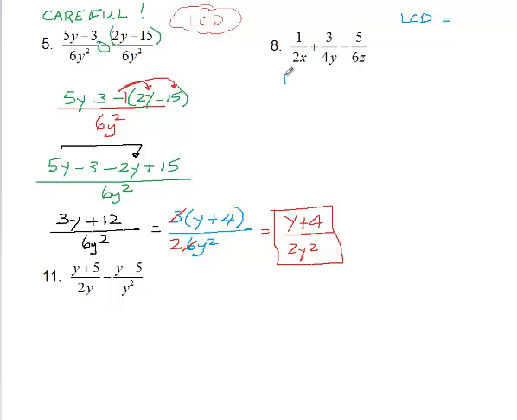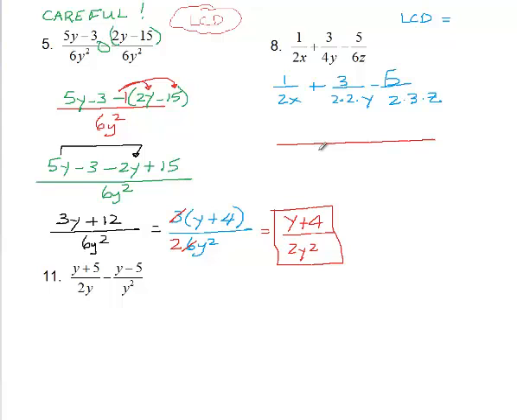So for example, if I looked at it and I factored each one, if you looked at it this way, 2 times 2 times y, and I treated this one as -5 over 2 times 3 times z, how can I make every denominator the same? That's the thing. It's the same thing as choosing an LCD.